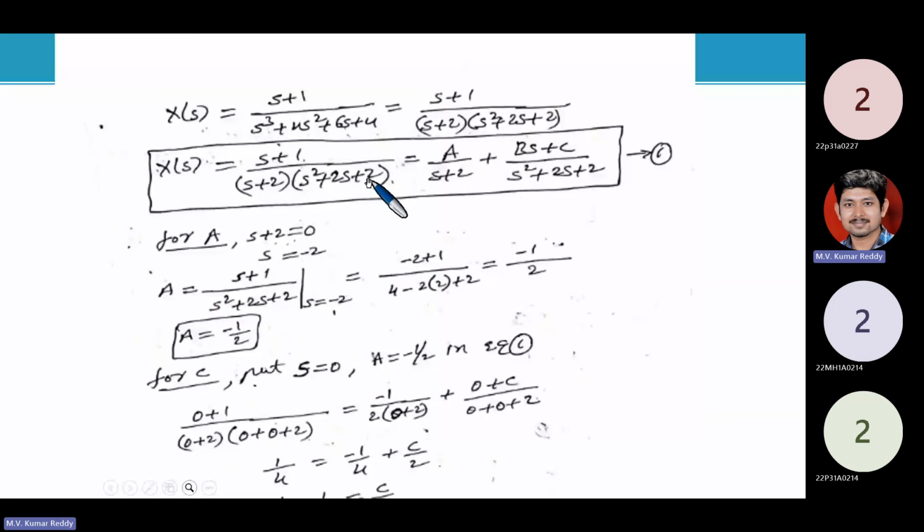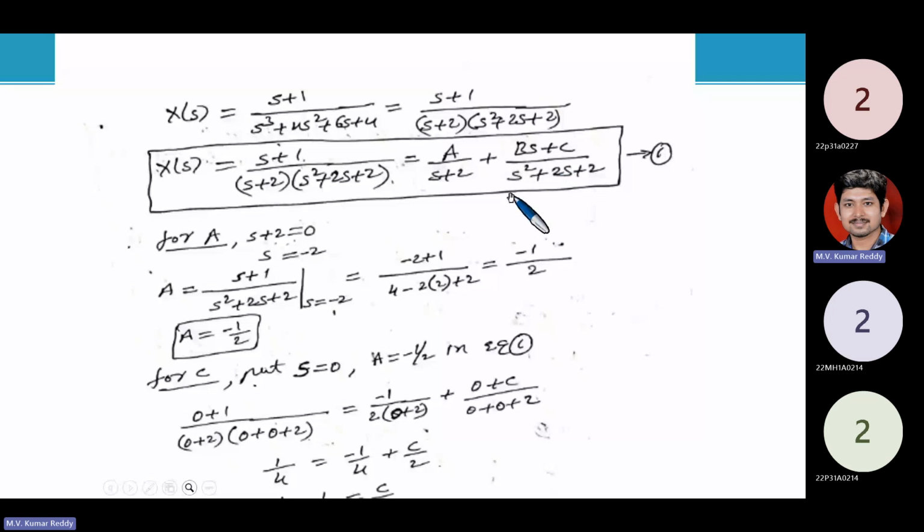Imaginary factors are coming. So let that be the same term. This is type 2. So a by (s plus 2) plus (bs plus c) by (s square plus 2s plus 2).